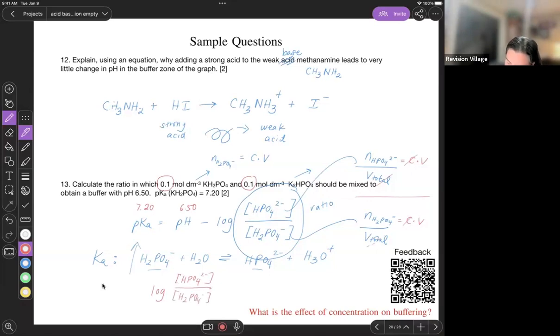Congratulations on getting those done. Is going to be equal to the pH, which was again 6.50, minus the pKa, 7.20. To get rid of this log, I'm going to do the inverse log on both sides. So those will cancel out, and this ratio would be equal to 10 raised to the power of 0.70.